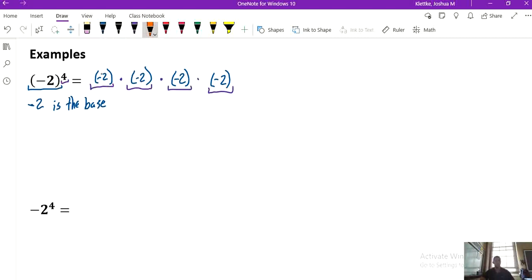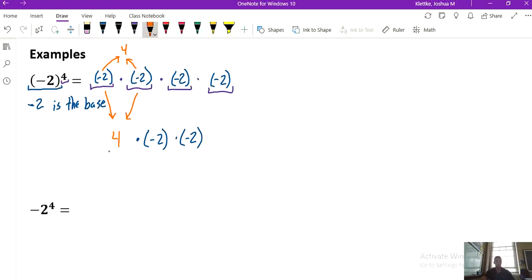Now let's look at it like this. We have -2 times -2 gives us +4 because the signs are the same, they're both negative. Then we have +4, and we still have times -2 times -2.